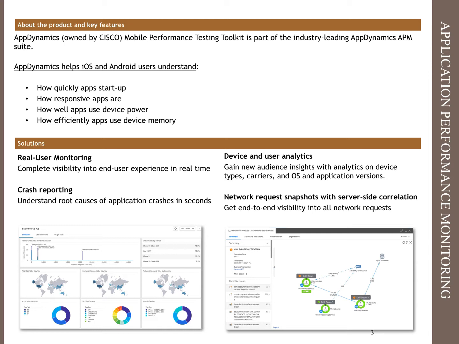So AppDynamics gives you tool sets where you can do real-time user monitoring. Then you can do some crash reporting where you can understand the root causes of the crashes. So you can not just address the symptoms, but go directly to the root causes and figure out how to help clean those up. Obviously, you want to have a whole bunch of user analytics. Not only that, you want to have device analytics too. So you want to know which devices are contributing to your performance issues, not just the user workloads.